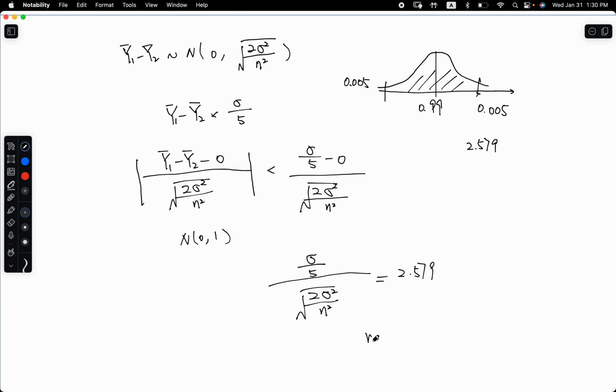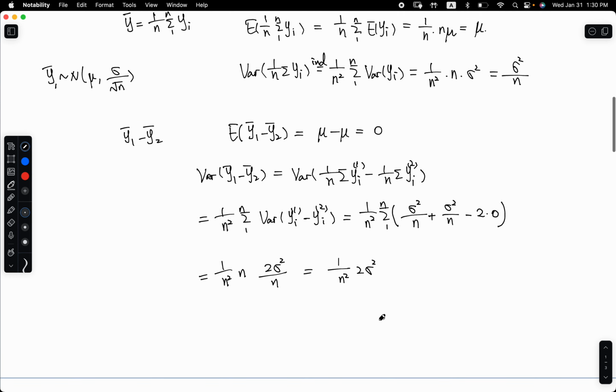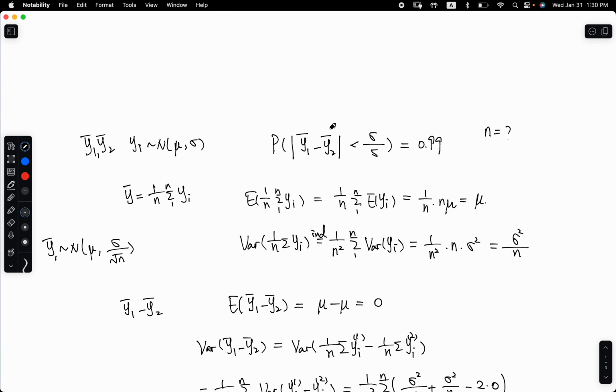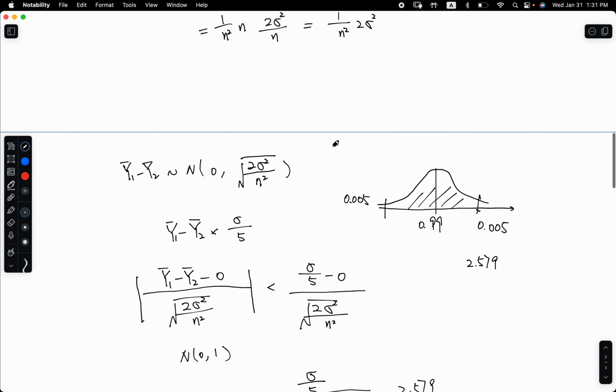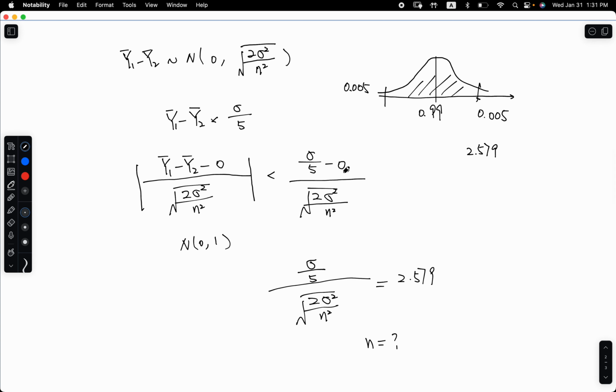So you should be able to find out the value for n. So basically, the sample size that you need to make sure this event has a probability of 0.99. So the key idea is that you need to recognize the distribution for this, which turns out to be a normal, and then go back to here to set this one equal to the quantile.